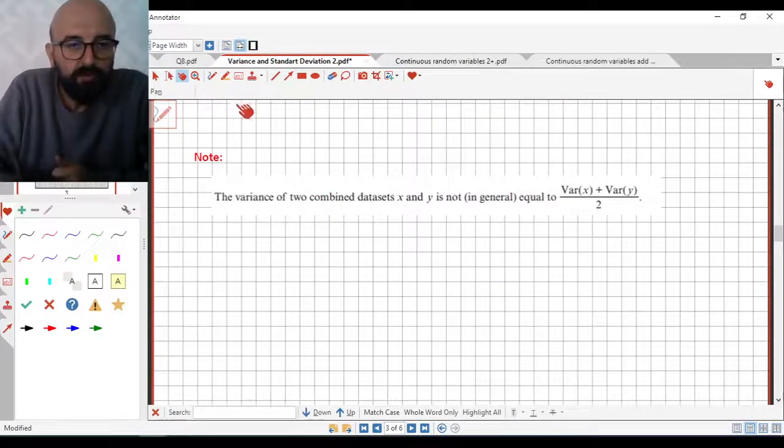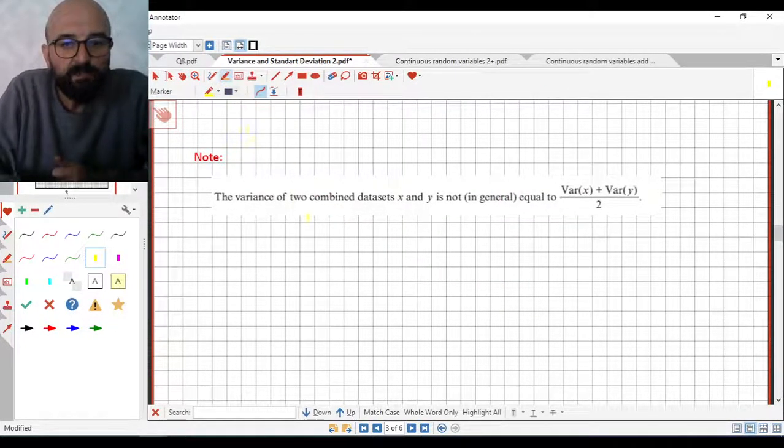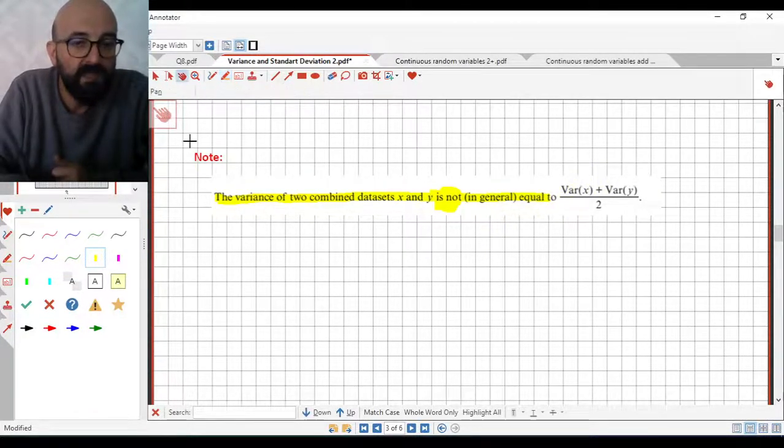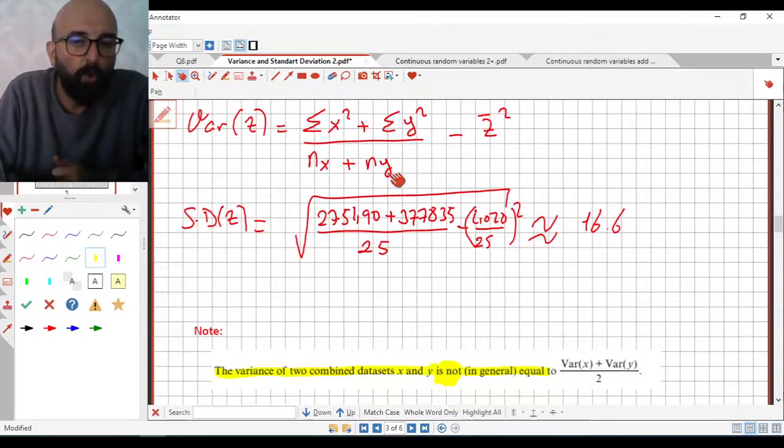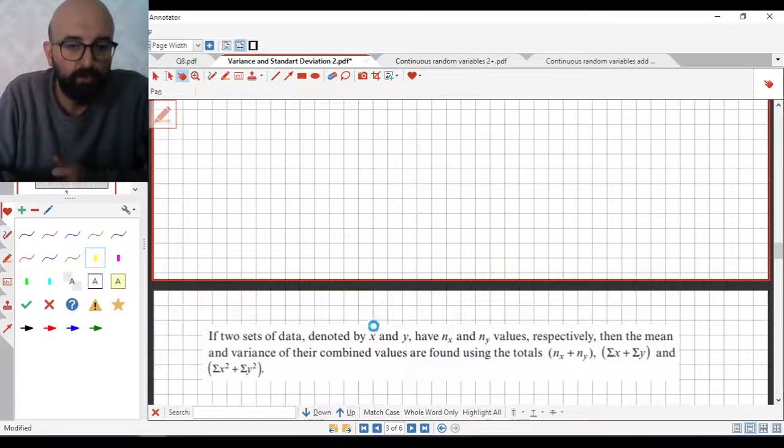And please notice that the variance of two combined datasets X and Y is in general not equal to the mean of the variances. We should compute the sum of all values.